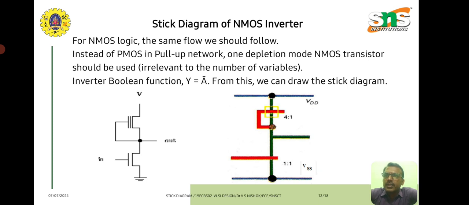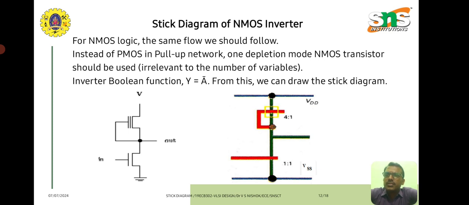Coming to the next point, the inverter Boolean function is output y equal to a bar. From this we can draw the stick diagram. First we start with the NMOS logic diagram and then go for the stick diagram. Here only one variable is used, so only one NMOS transistor is used in the pull-down network, connected with the input.